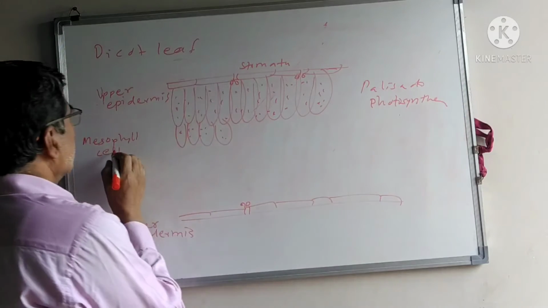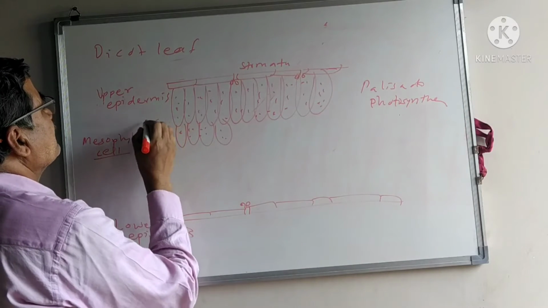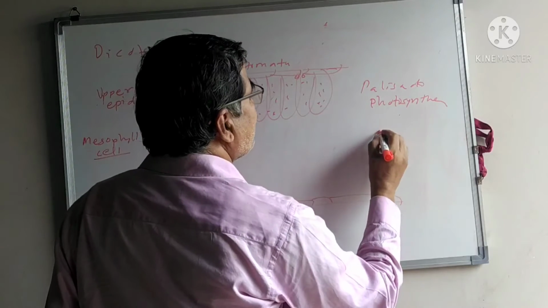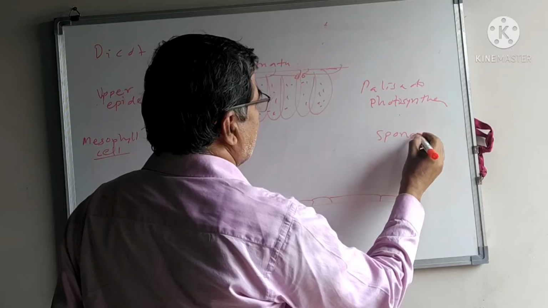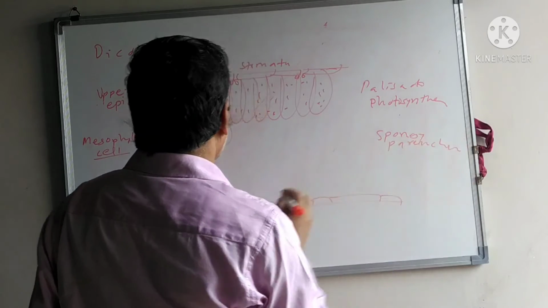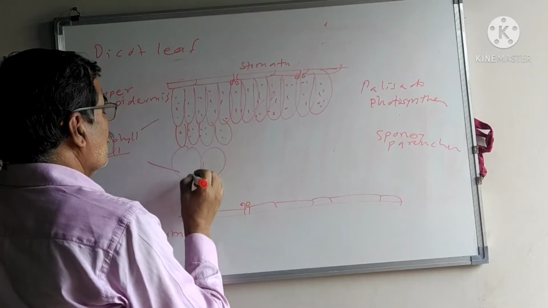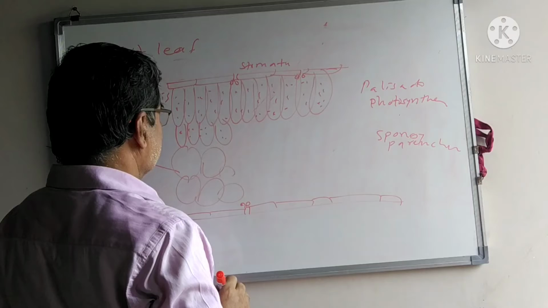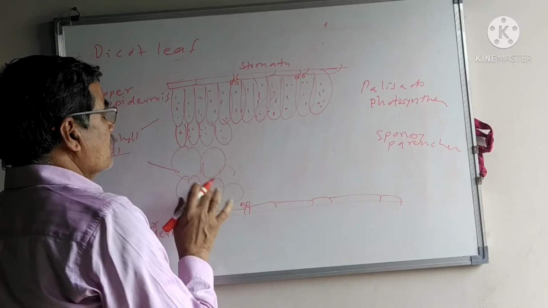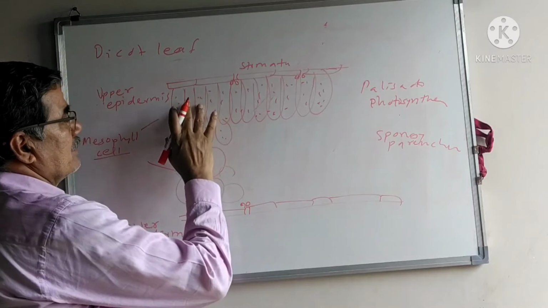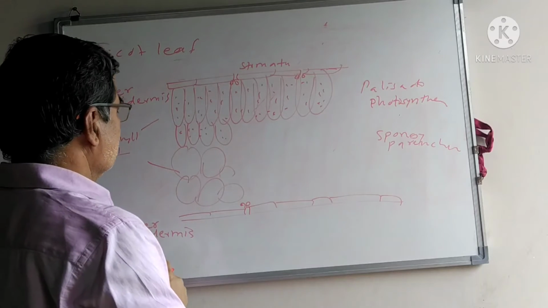Hence, the mesophyll consists of the upper region, the palisade layer, and the lower region, the spongy parenchyma. Spongy parenchyma is made of loosely arranged circular to oval cells, meant for storage of the food material prepared by the chloroplast.